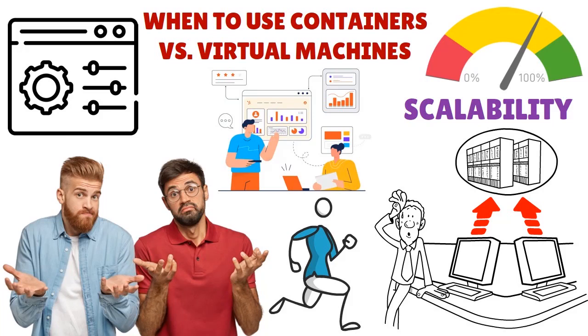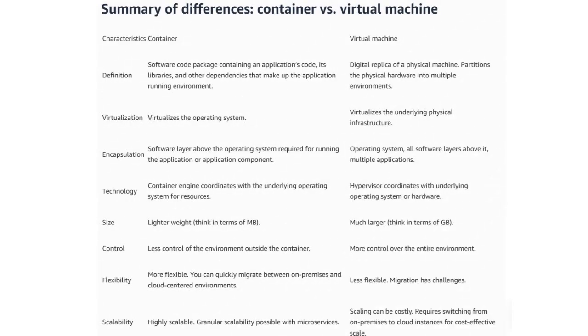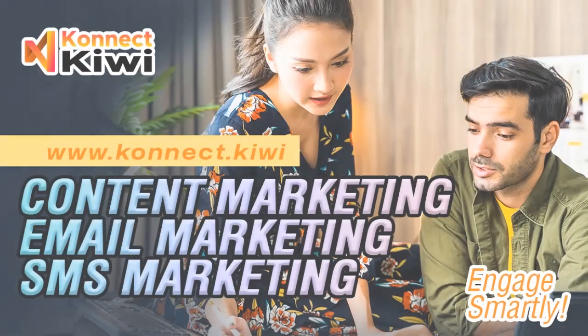And more importantly, containers provide granular control on application scalability by allowing you to use microservices. Microservices are an architectural and organizational approach to software development where software is composed of small independent services that communicate over well defined APIs, and containers let you scale individual microservices as required. So that's really fantastic.